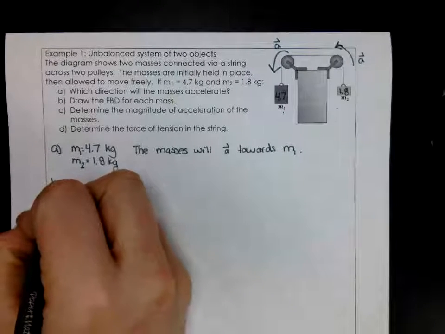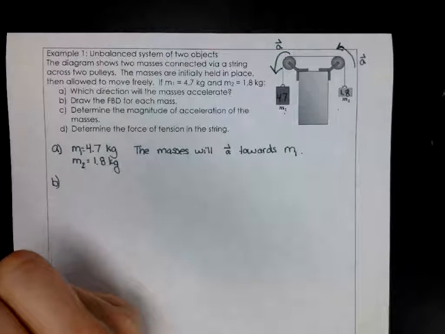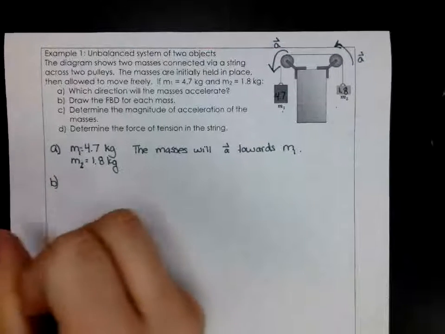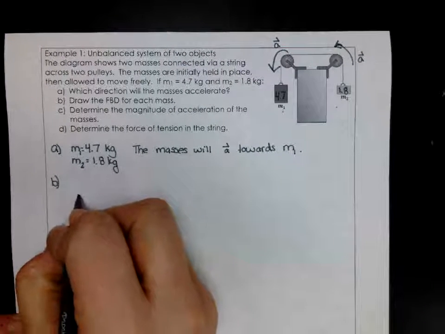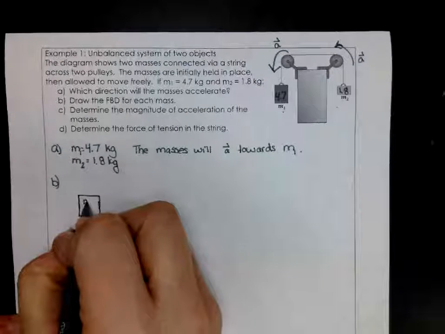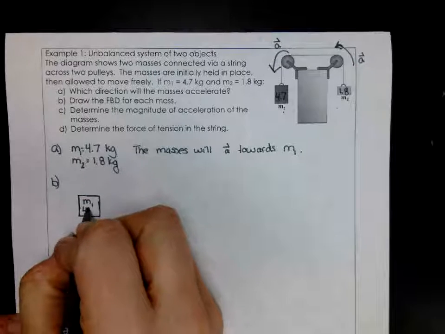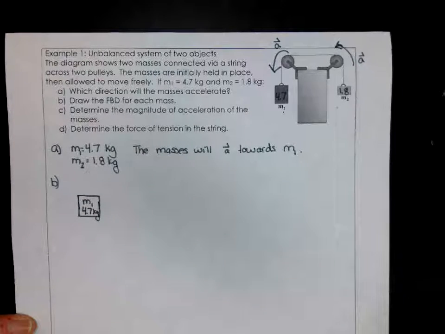The next thing we need to do is draw the free body diagram, or the force diagram, for each mass. So we've got mass 1, so I'm going to draw my square. This is mass 1, and it weighs 4.7 kilograms.